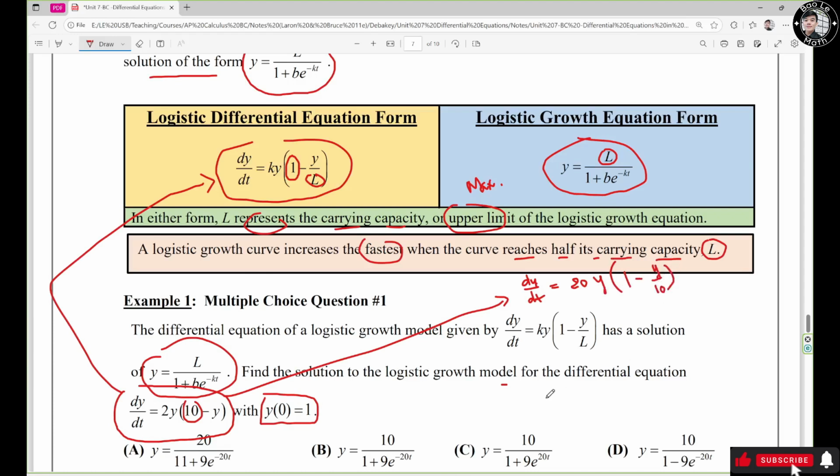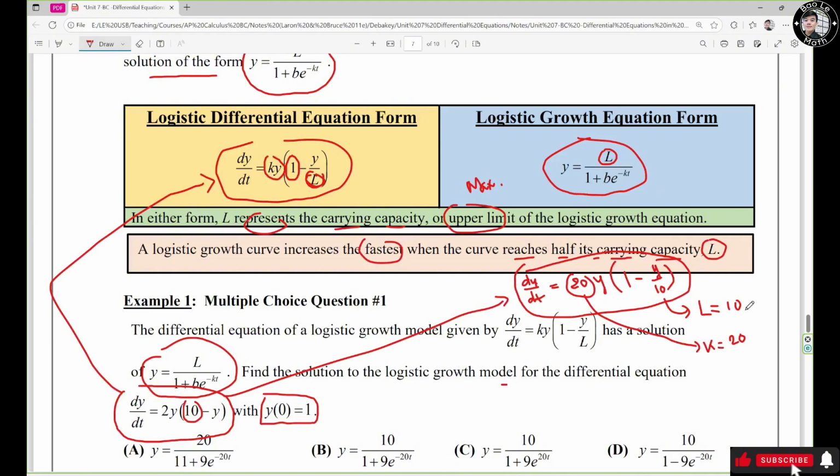Then I can conclude that L equals 10, and from this equation I can conclude that k equals 20. Look, ky is 20y, so k equals 20.